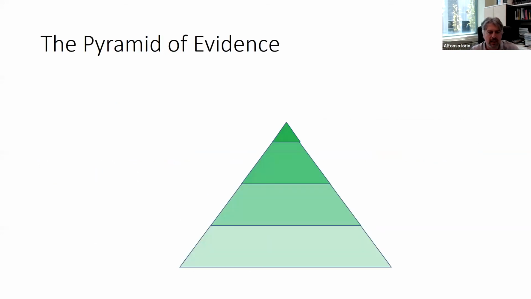Now, as often in life, we don't need everything. So if you think of the research evidence that ends up being useful and applied, it is shaped as a pyramid. At the bottom, you have all research results. Every kind of study that is done, including in vitro studies, in tubes, or animal studies, or very preliminary exploratory experiments.